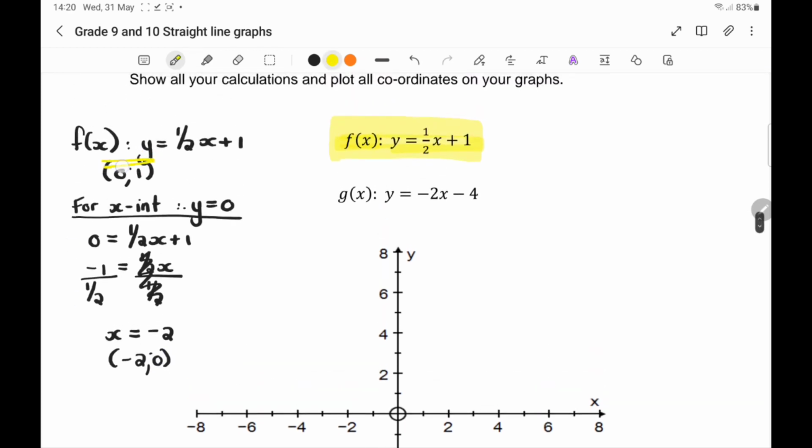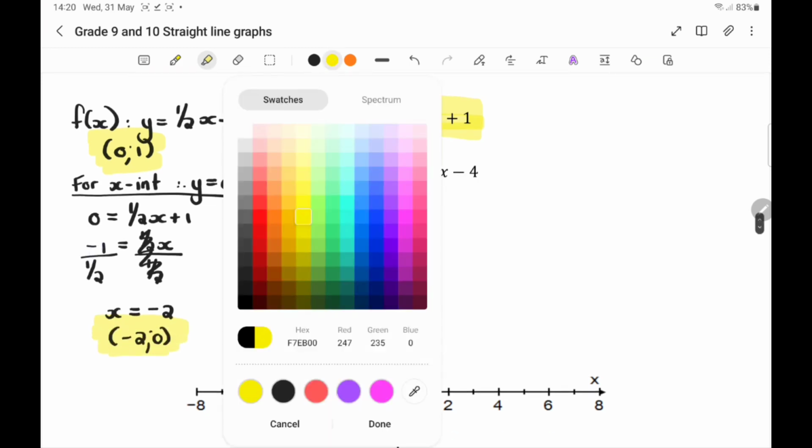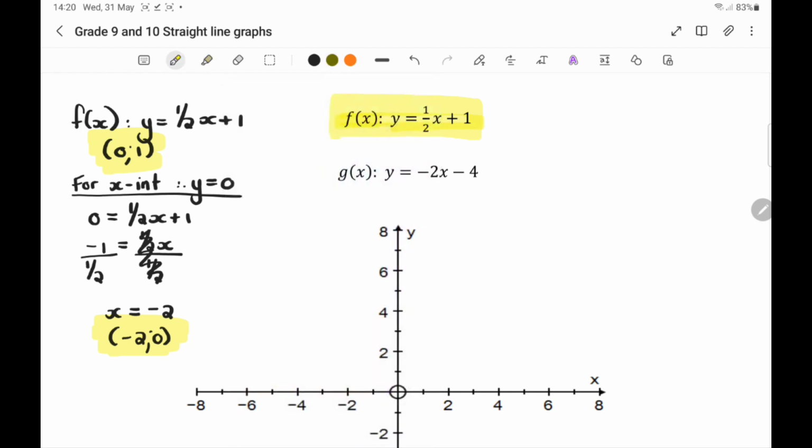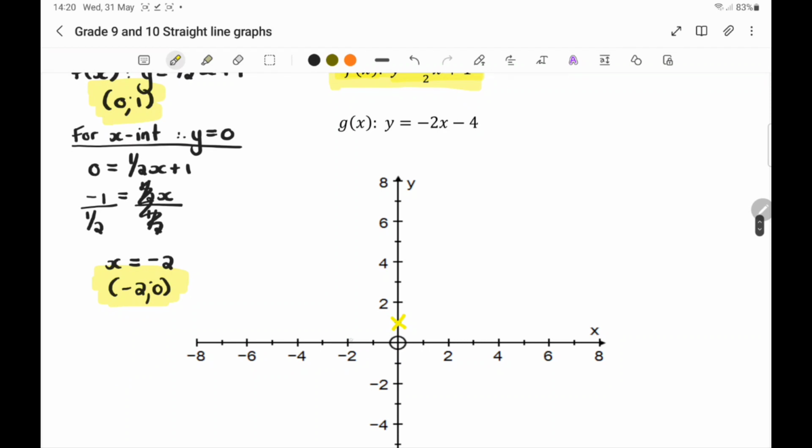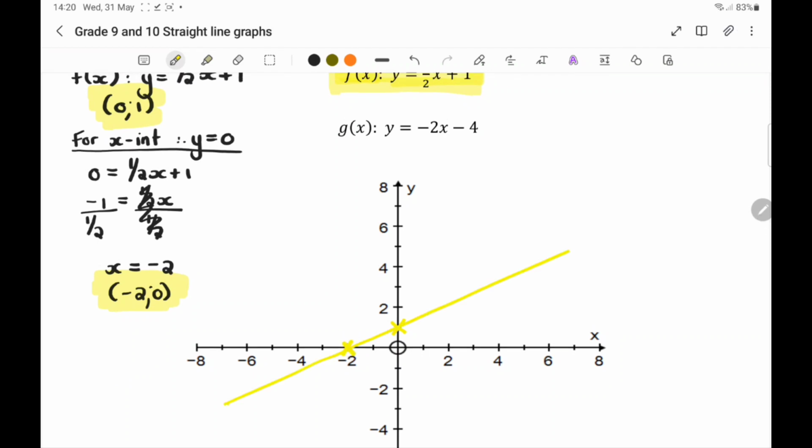So then I'm going to scratch over it, highlight it. No, I want yellow. There's my 2 coordinates, and then I'm going to plot them. Let's get a darker yellow at 0, 1, and at -2, 0 over there. There we go.